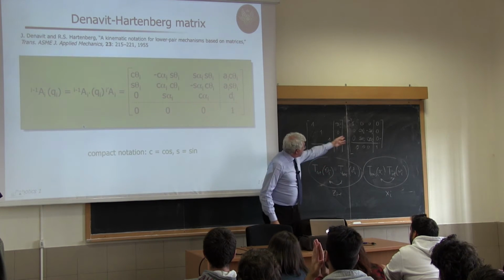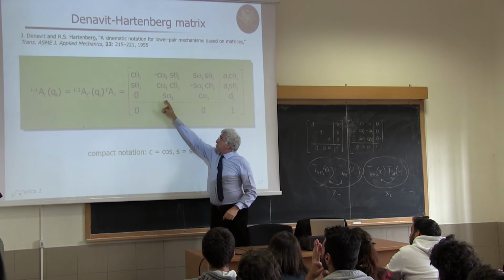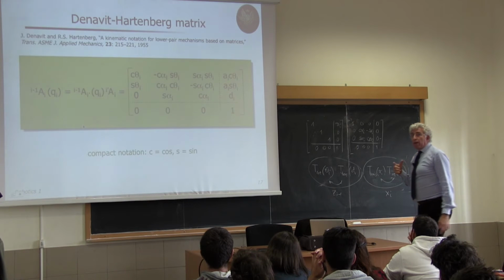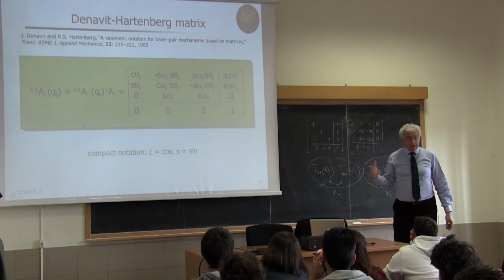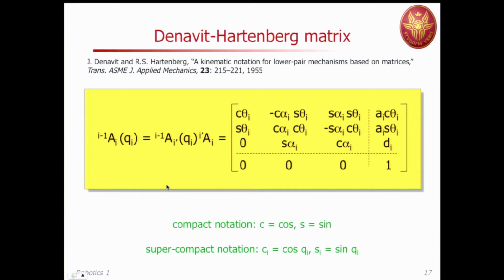Now pay attention to this notation that we are using; I have already used it here. We compact the sine and cosine with an S or a C, and if this is of a different angle, I keep the angle in place. But later on, when I have only the variable q i, for instance, I will also use the notation c i and s i, which means cosine of q i and sine of q i, because there's no possible confusion.